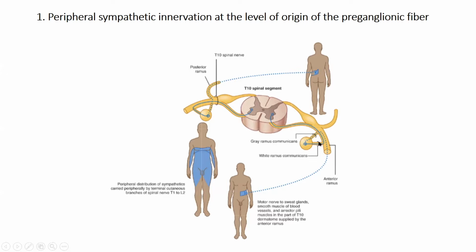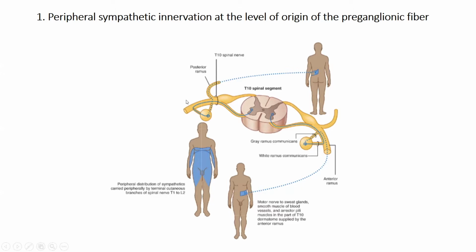It is connected to the spinal nerve, and this white communicating branch is the route by which the sympathetics are distributed to the periphery and all viscera or organs. So the distribution of the sympathetic system to the periphery is via a four-pathway system.